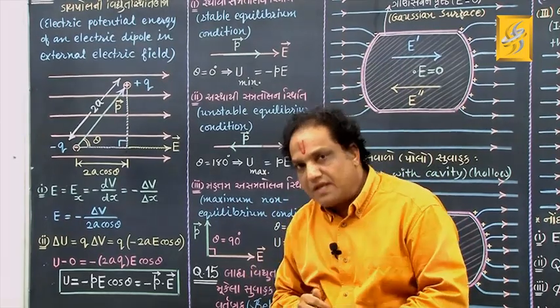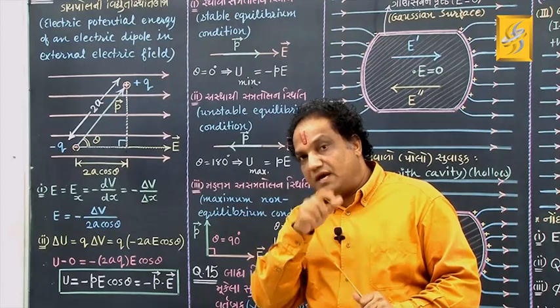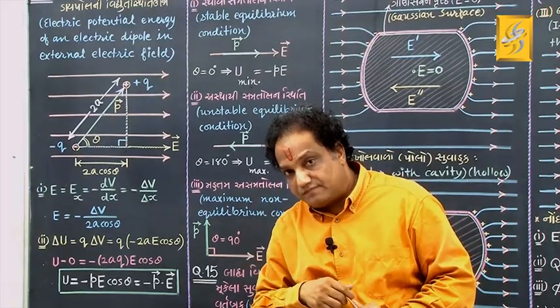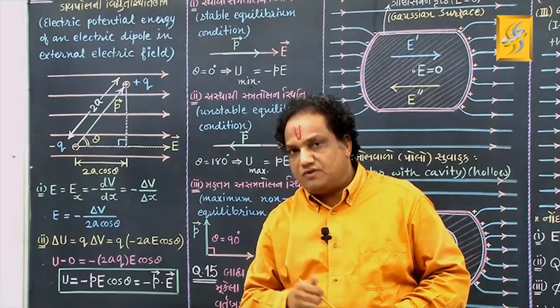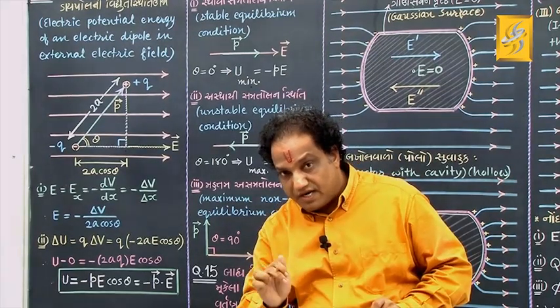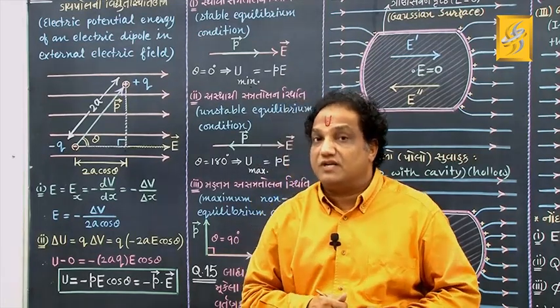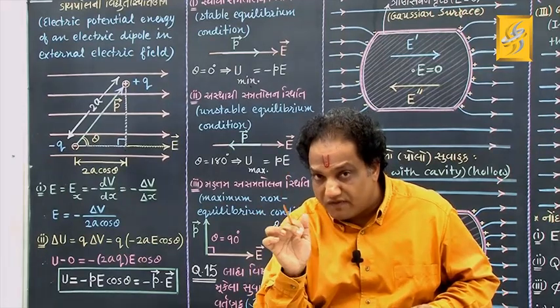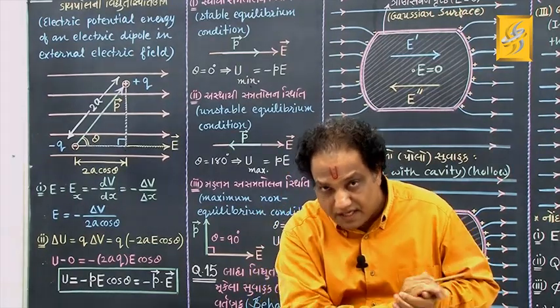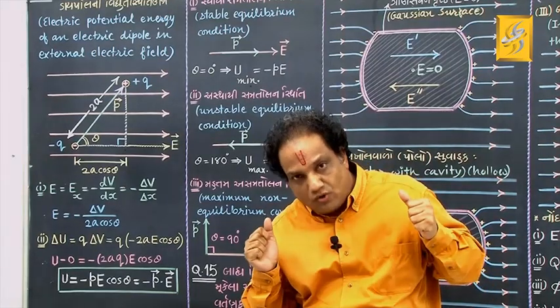Now tell me, if both of them have the same direction, then angle theta between them will be 0 degrees, isn't it? Then recall the formula for torque. What was the formula for torque exerted on an electric dipole when placed in an external uniform electric field? Tau equals P E sin theta. But at present theta is 0 degrees, so sin 0 degrees is 0.